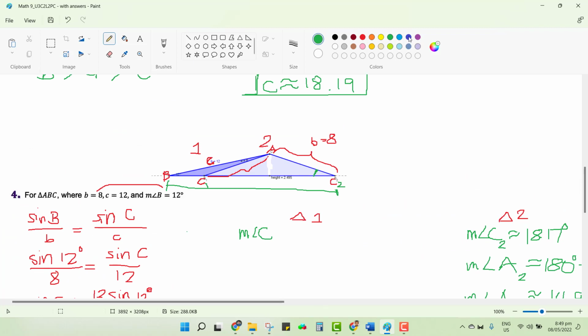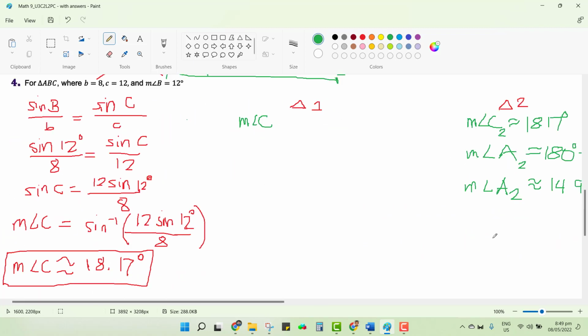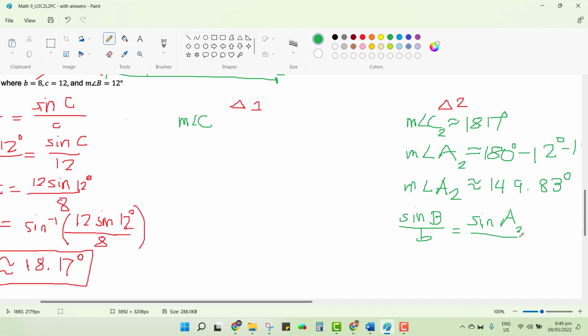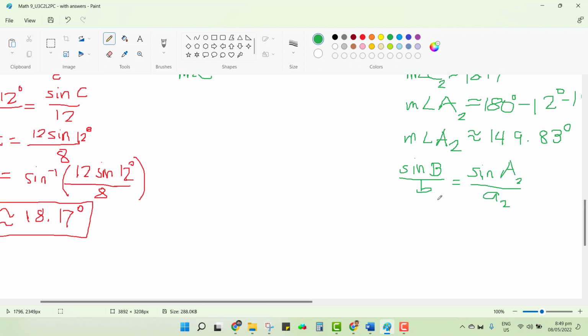So you will have this result here: sine B over B is equal to sine A sub 2 over small letter A, and let's use sub 2 because they are part of the second triangle. Okay, so I'm manipulating.